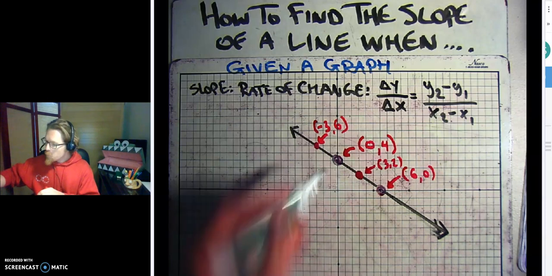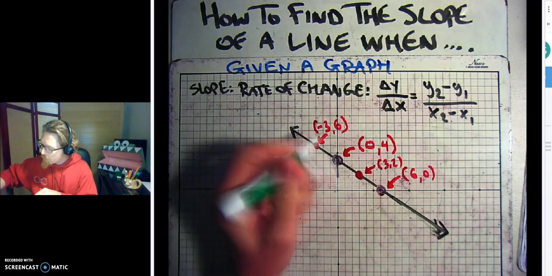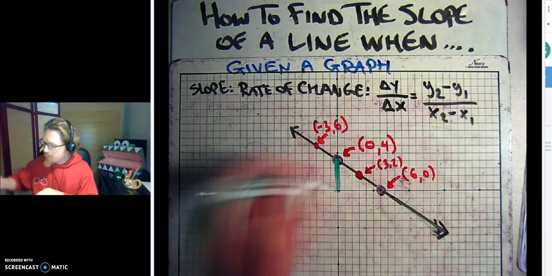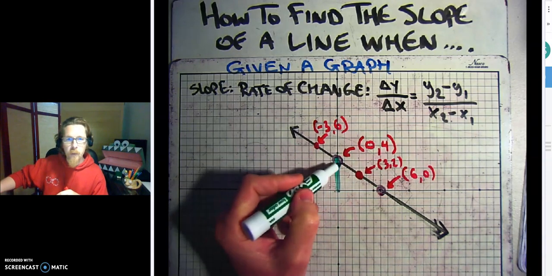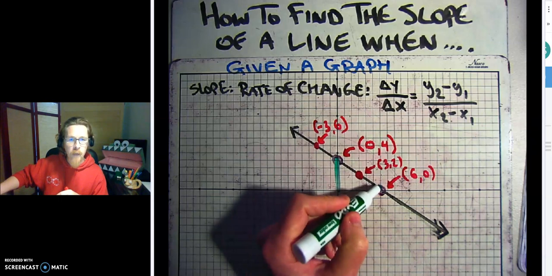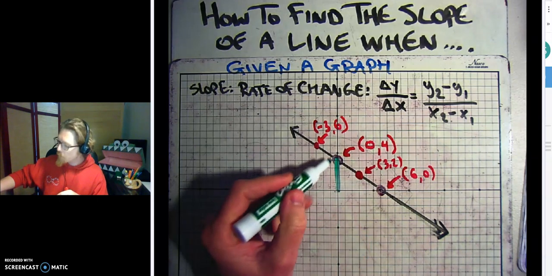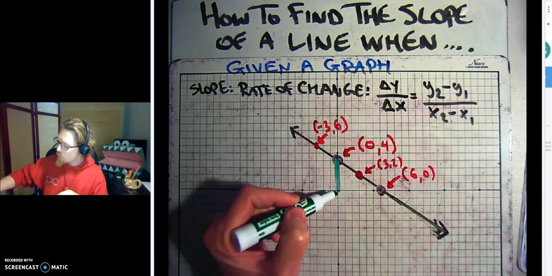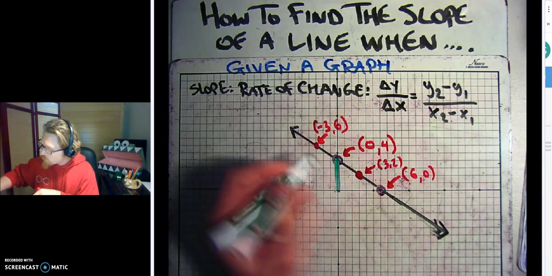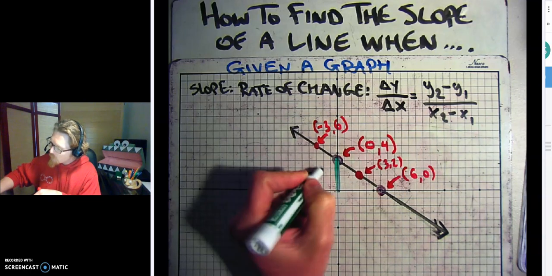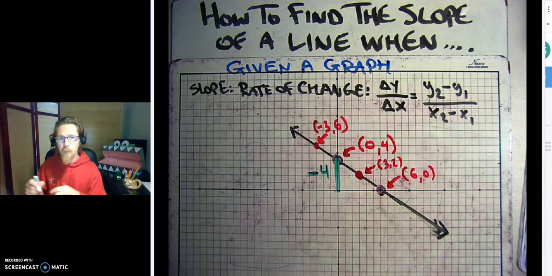The change in y is how far down are we going to have to move to get to that next point. So if I'm up here at this point and I want to get down to this point, I need to go straight down this many jumps. And it turns out I need to go down 1, 2, 3, 4 jumps. Now down is a negative direction, so I'm going to put -4 there.